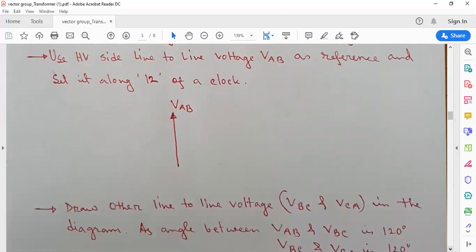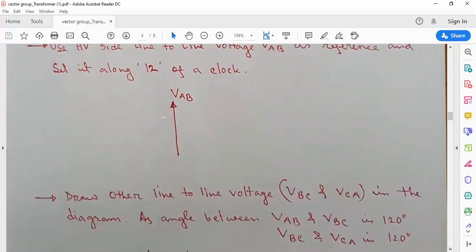Now, second step is we have to draw all the other line-to-line voltages of the high voltage side. If VAB is along 12, VBC will be 120 degrees apart from it, so VBC will be in this direction.